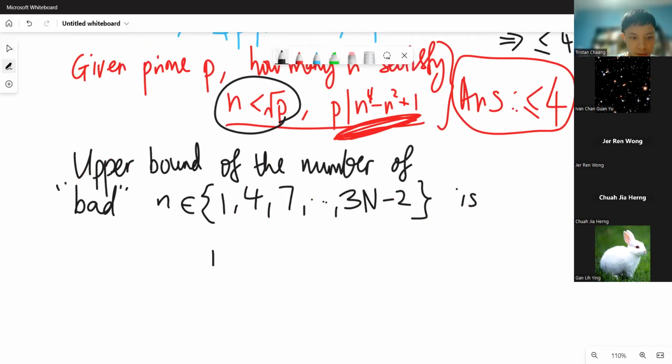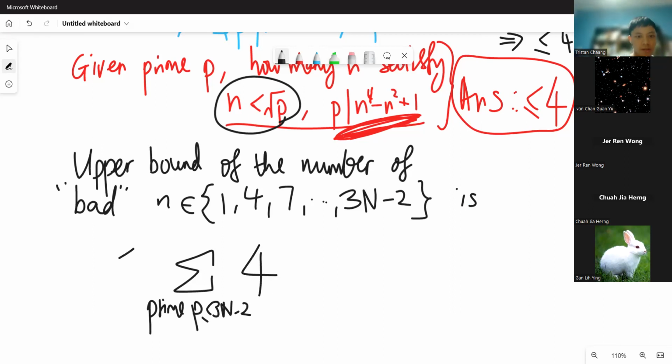The sum for primes p less than or equal to 3n minus 2, and then times 4. Because for every prime, there are 4 numbers that fail.